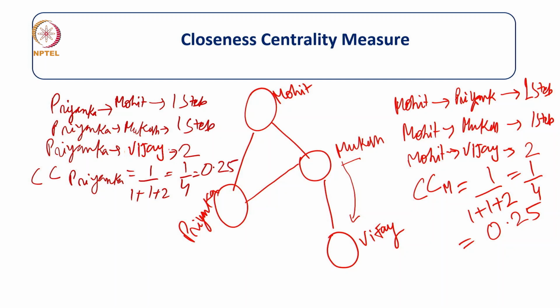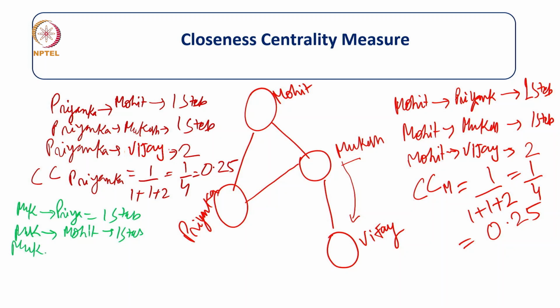Now if we calculate the closeness centrality measure for Mukesh, we have Mukesh to Priyanka, one step. Mukesh to Mohit, one step.